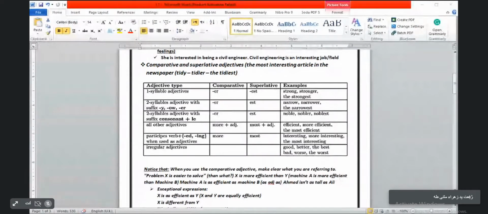زهراء مثنى, do you have an example for this? Yes, دكتور. Okay. راح أقول مثال على المقارنة. This book is smaller than the one I lost.